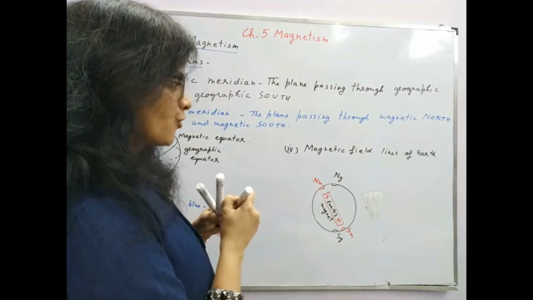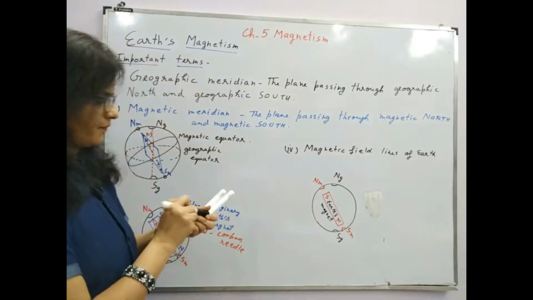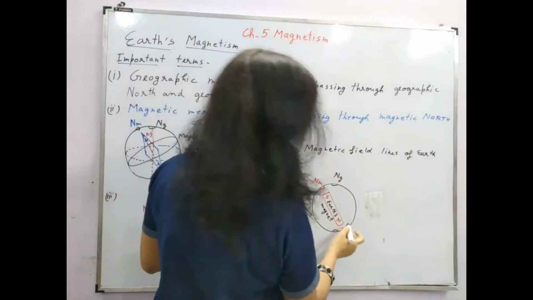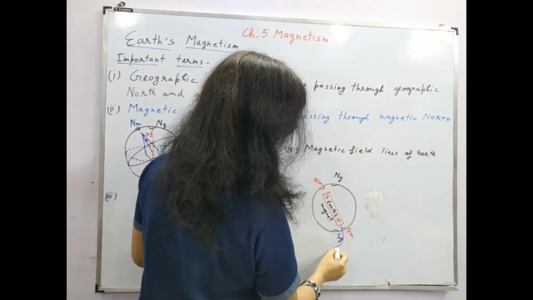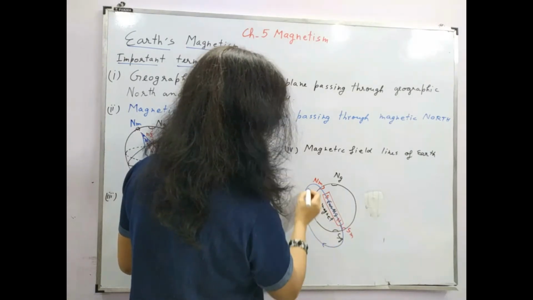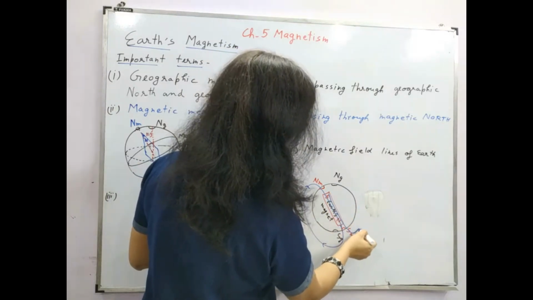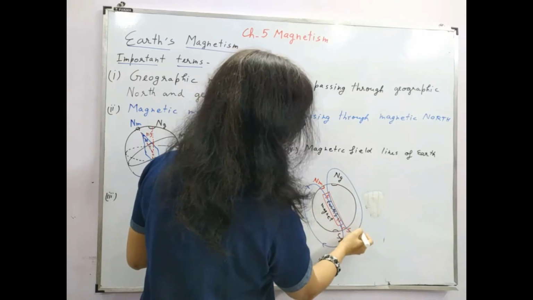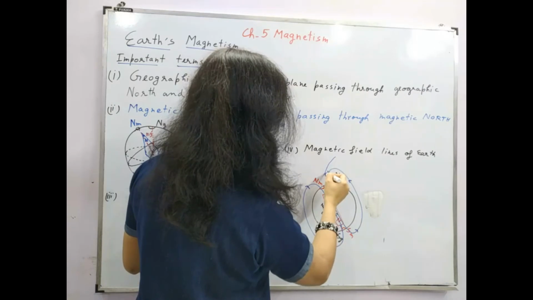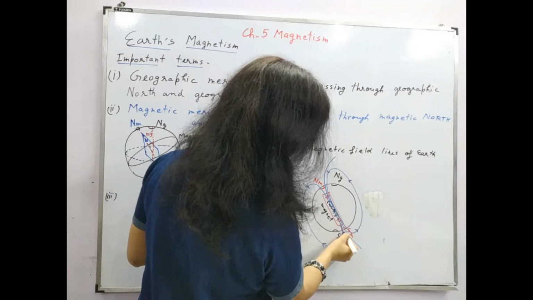If we draw the magnetic field lines due to this, how will I draw? I know that the magnetic field lines start from north and then enter the south. Similarly here, this will be the case, and if I want to draw more, I don't have much space here, so this will be like this.